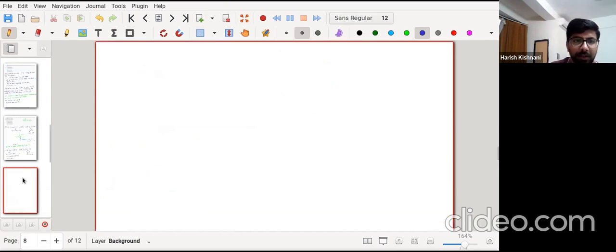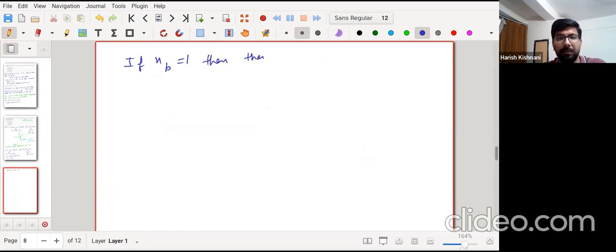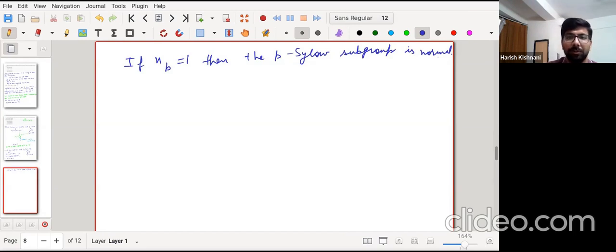So let's start with NP to be 1. If NP is 1, then the P Sylow subgroup is normal. That we have already seen. Why? Because it's going to be unique and all conjugates are going to be the same, so it's going to be normal.